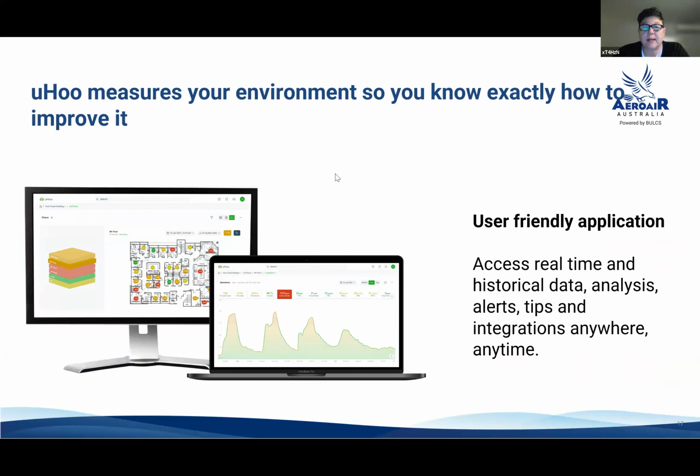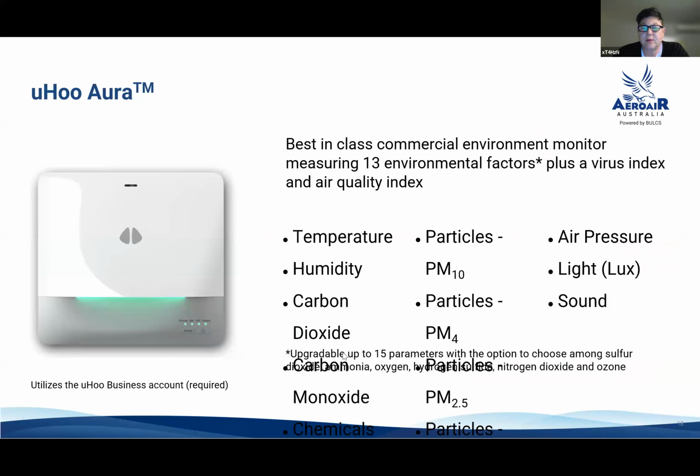It has 13 parameters: temperature, humidity, carbon dioxide, carbon monoxide, and all the PMs, PM1, PM2.5, PM4, anything that can go in and cause effects in your respiratory system, and then PM10. And then, of course, light and sound.